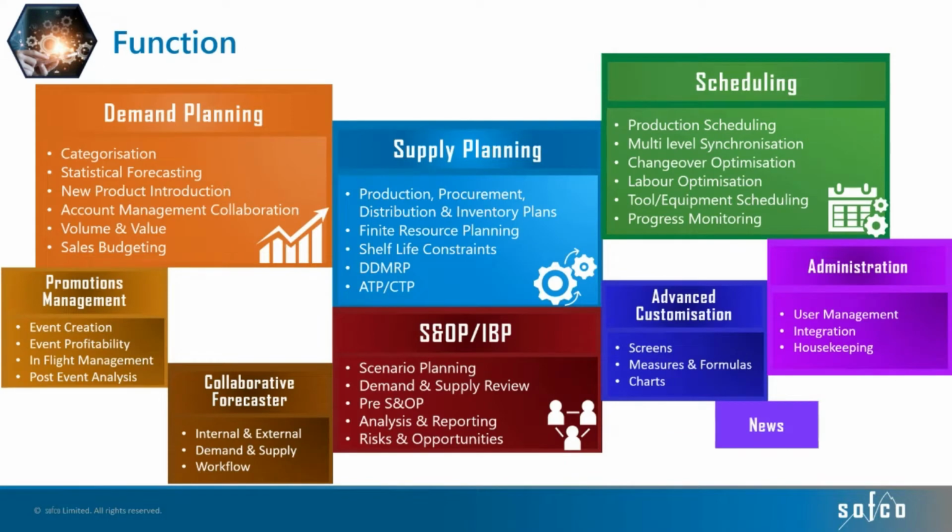In terms of functionality, Sofco are an end-to-end supply chain planning software vendor. We don't do anything transactional like sales order processing or purchase order processing or accounts. We purely do planning, and by end-to-end we mean from demand planning through supply planning, including production, DRP, inventory and materials requirements planning, down to production scheduling.